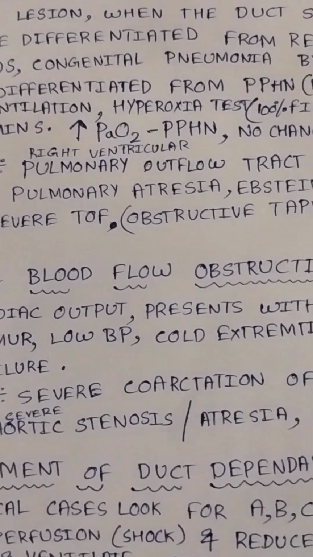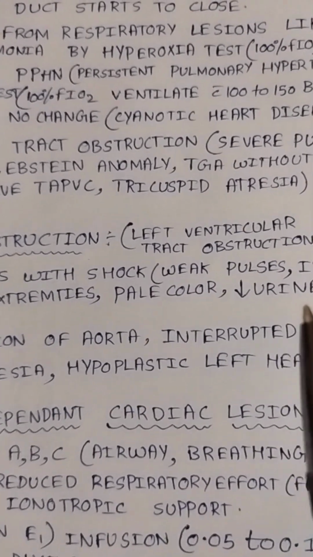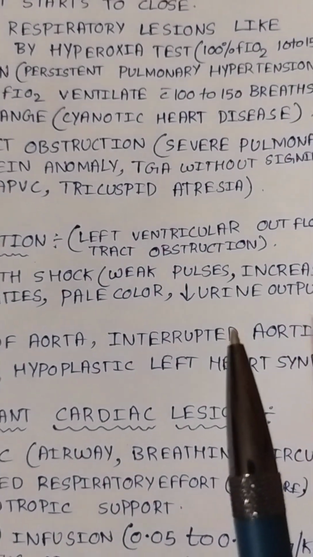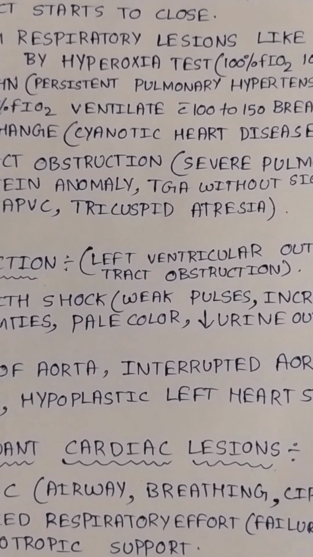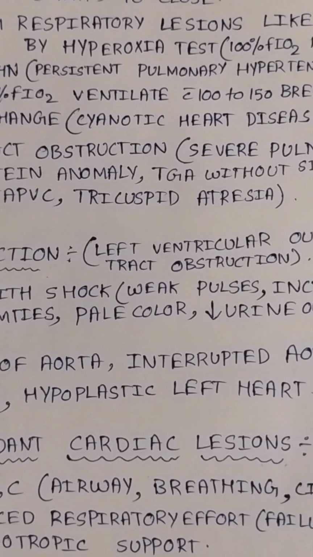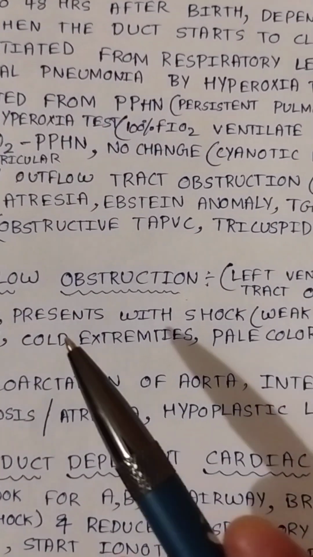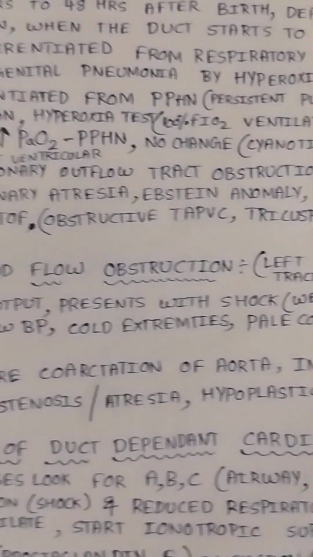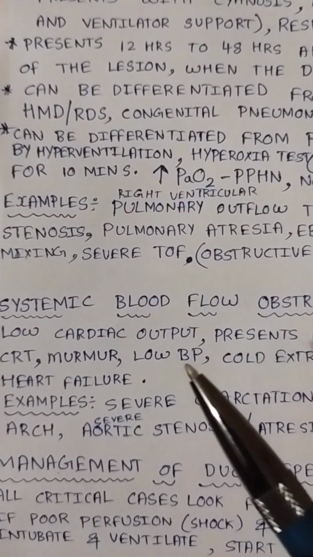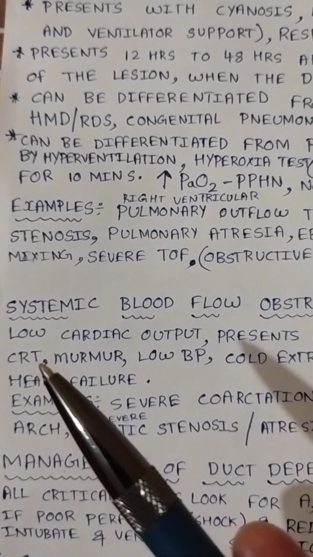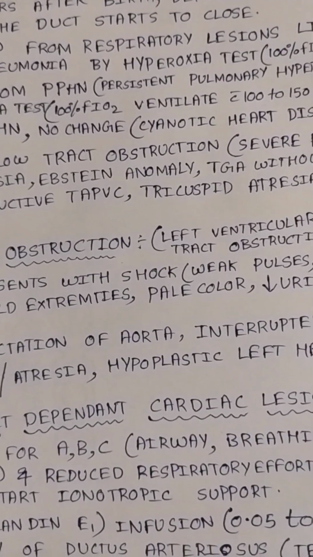Low blood pressure will be there, cold extremities will be there, pale color will be there. The baby will look pale because there is no blood circulation. If there is blood circulation, then the baby looks pink and warm. If there is no blood circulation, there will be cold extremities, pale color, low blood pressure, delayed or absent capillary refill time, and weak pulses.